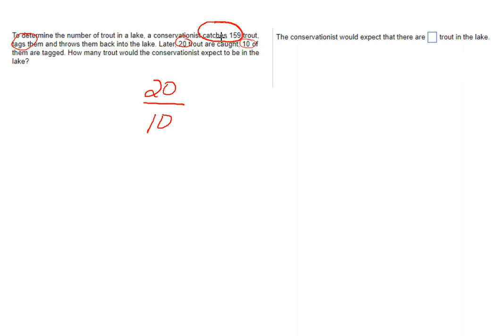The first ratio they mention here is that there's 159 trout, 159 fish that are tagged. So you want to make sure you put that number in the same order as these two numbers. The first number here is the total number of fish, right, which was 20 in the second case. And the second number here is the number that are tagged. So this 159 is the number that are tagged, so that actually needs to go on the bottom, not on the top.